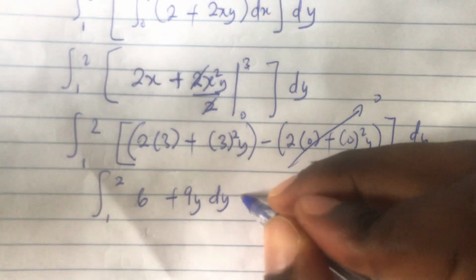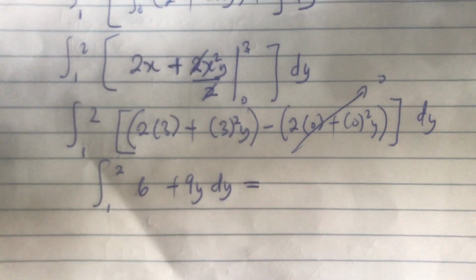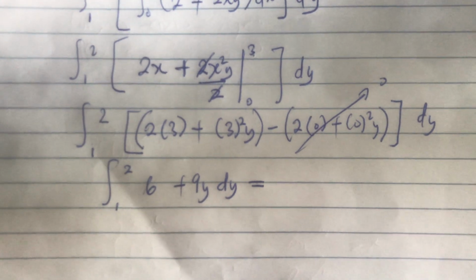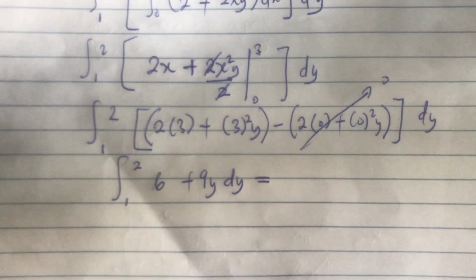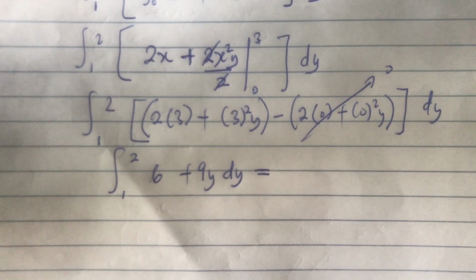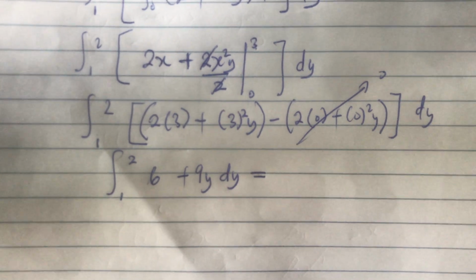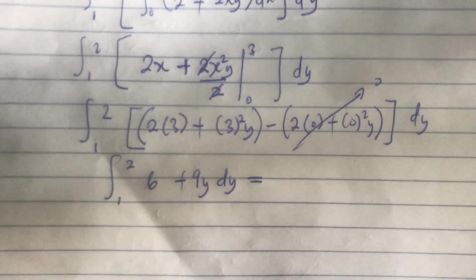So here we have 6 plus 9y. So with the first term, there is 6. And there's a y there, but the y is raised to the power 0. And any number raised to the power 0 is 1. That's why we have only 6 there. So when you add 1 to the power 0 of y, you get y.